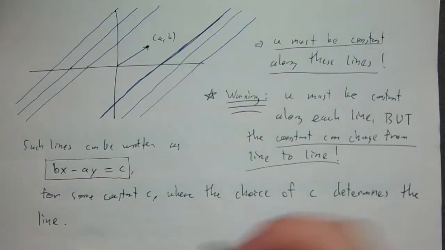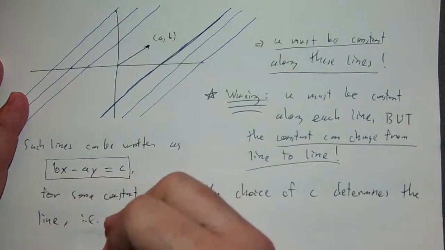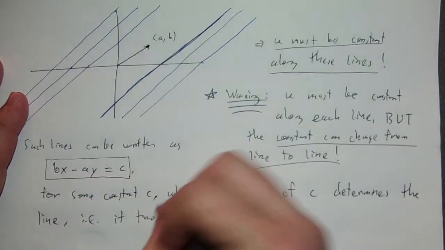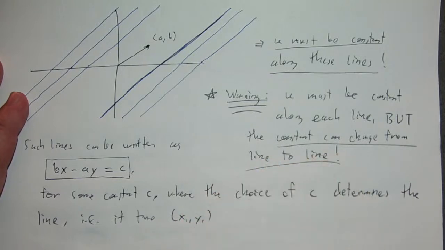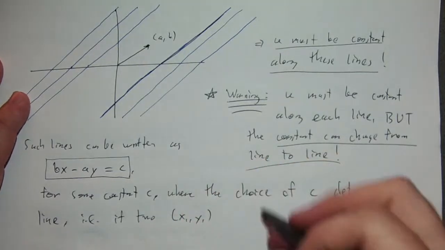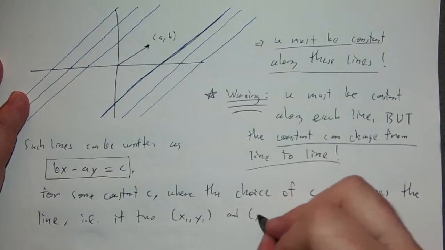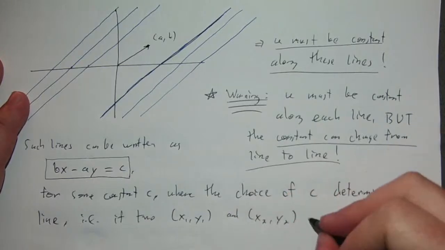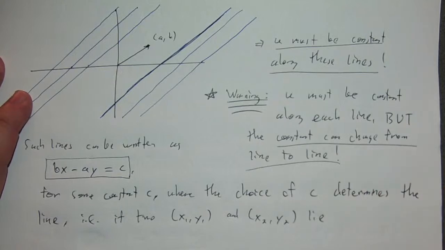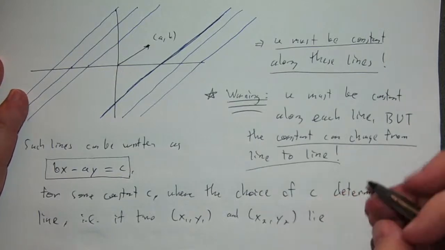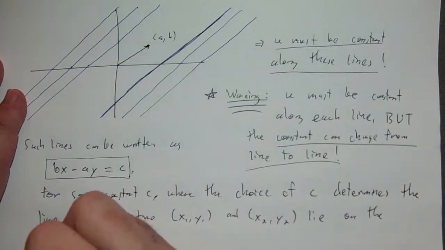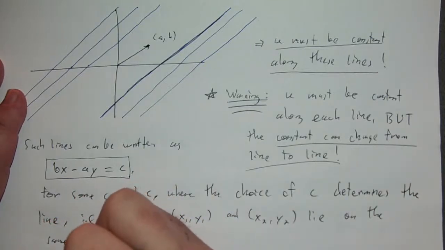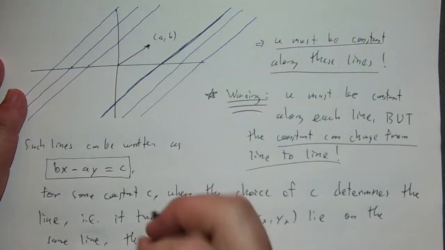That is, if two points x1, y1 and, we'll say, x2, y2 lie on the same line, then what has to be true?